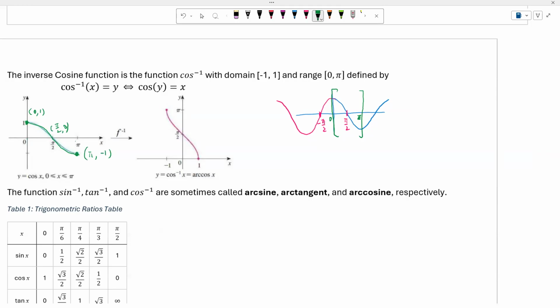So when we change it back, we will have the points 1, 0, then 0, pi over 2, and then -1, pi. The functions sine inverse, tangent inverse, and cosine inverse, sometimes we call them arcsine, arctangent, and arccosine.